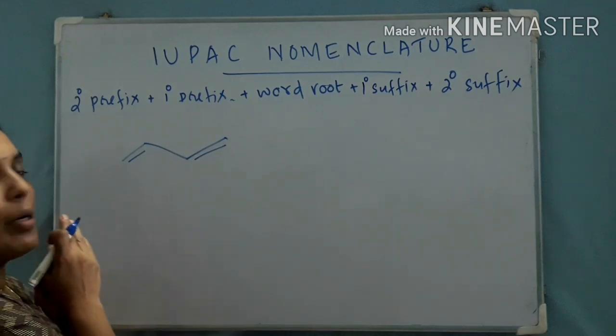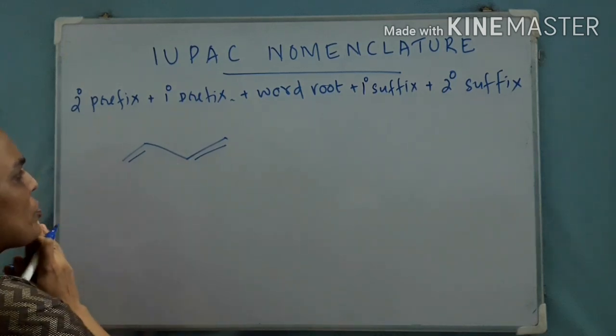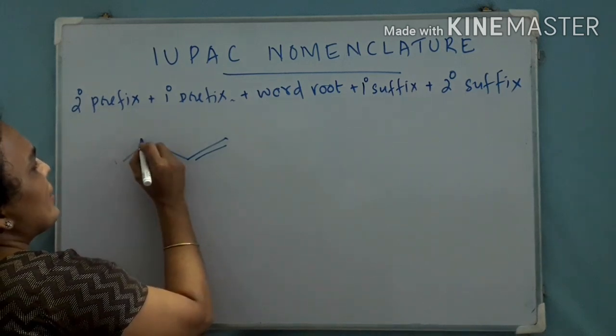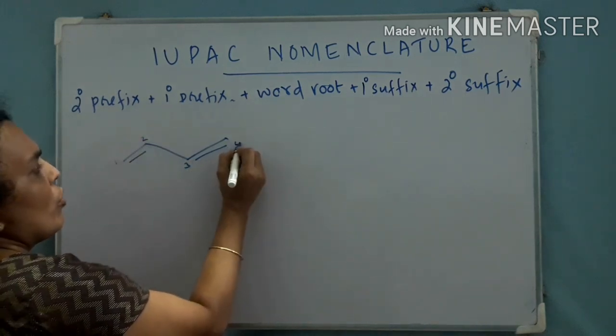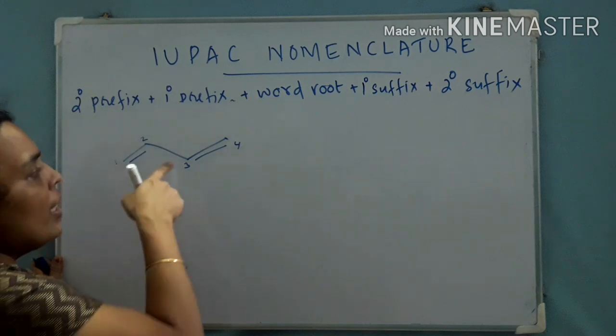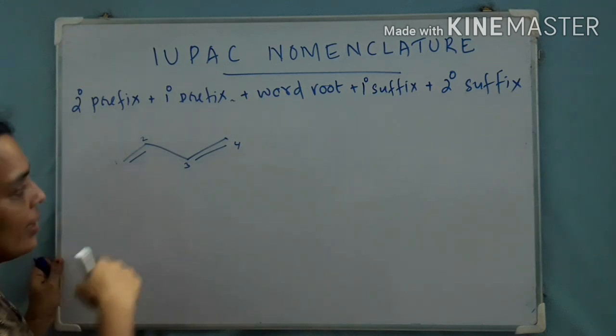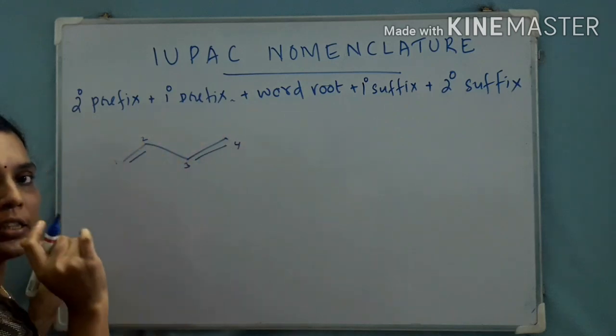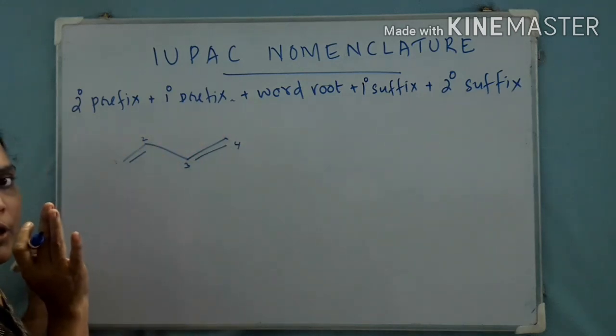Here there is a double bond, a compound with no substituent present, but there is a double bond. So first of all, let us find the parent chain. 1, 2, 3, 4. Again remember, the double bond should get the least number. In this case, if you number 1, 2, 3, 4 from either side, both are the same, a symmetrical molecule, so no problem.